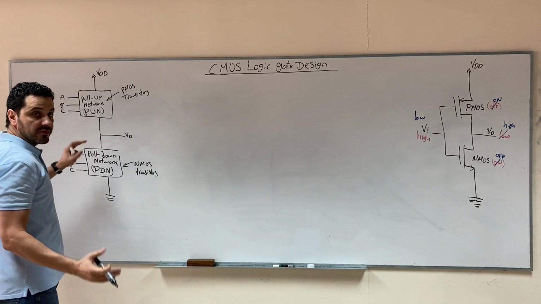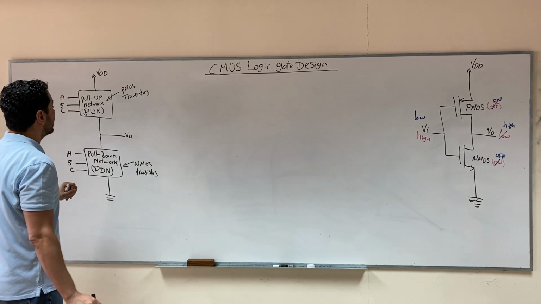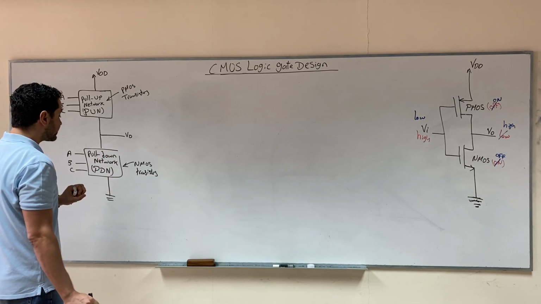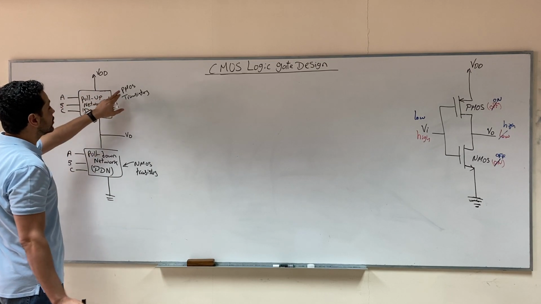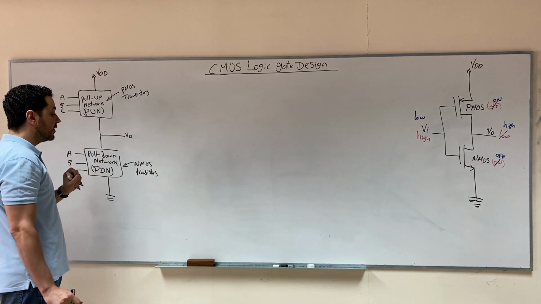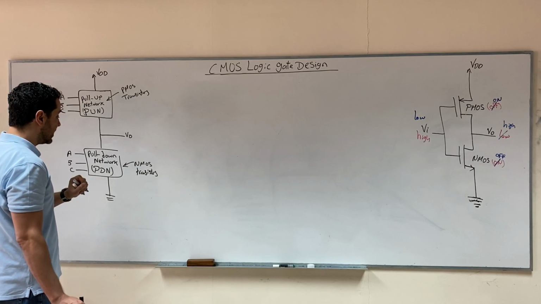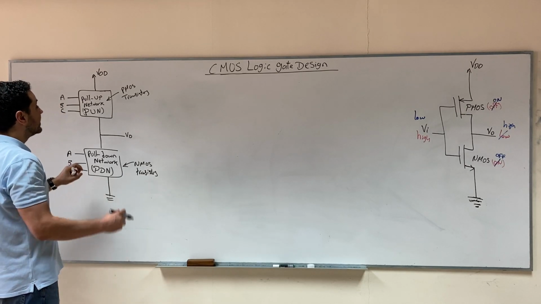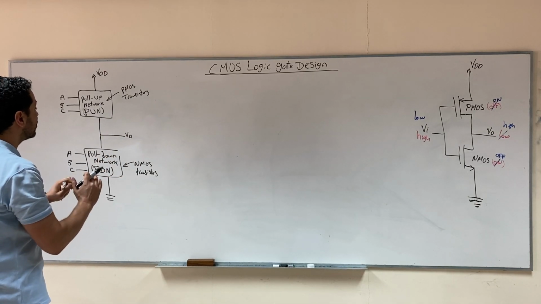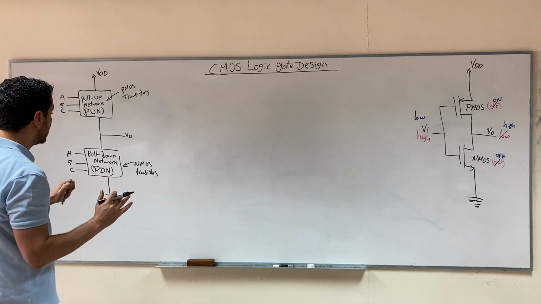Let's call them for now ABC, the inputs of our logic gate, and the output will be in the middle. The pull-up network consists of all PMOS transistors, and the pull-down network consists of all NMOS transistors. And this is the basic design for any logic gate that we'll see in this video.